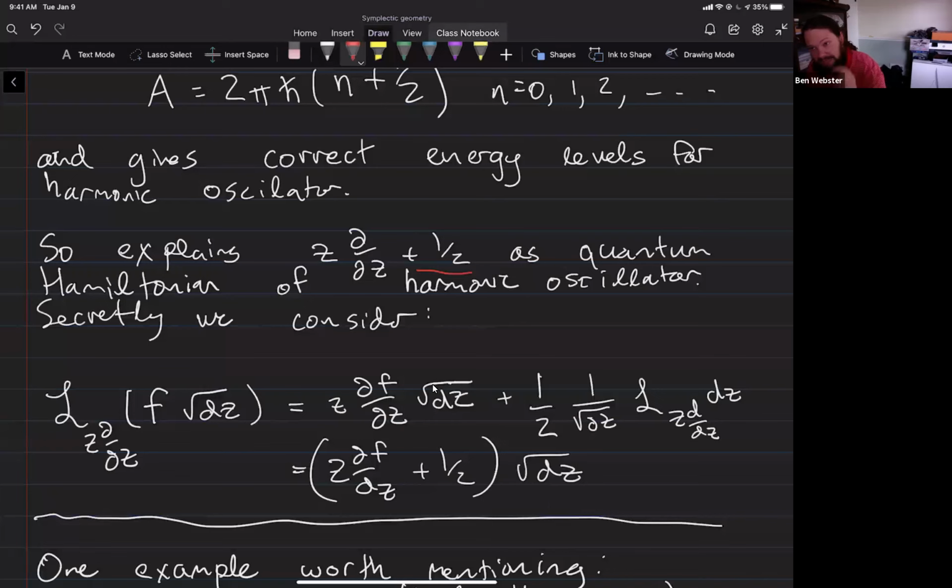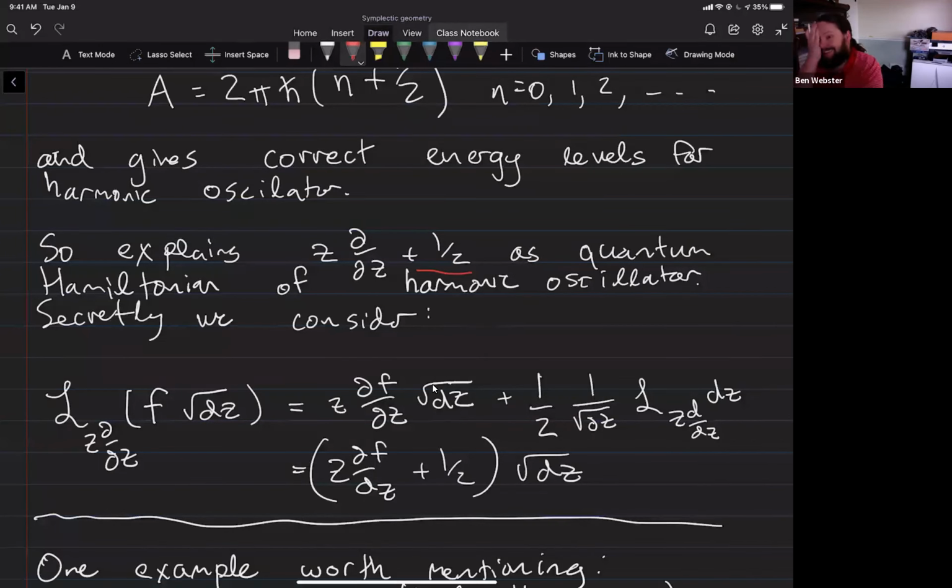You're applying the Lie derivative of z d/dz to a half form, so to f times the square root of dz. If you naively interpret what that means, there's a term which is z df/dz times the square root of dz.